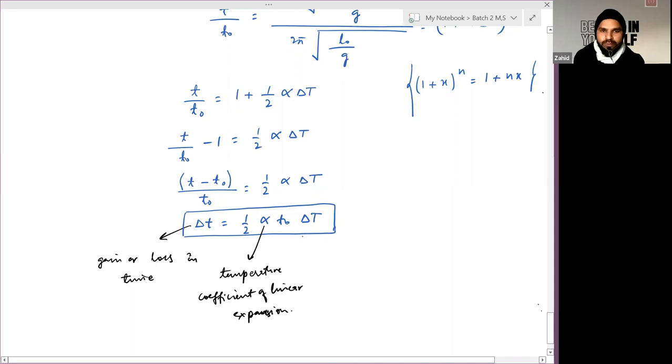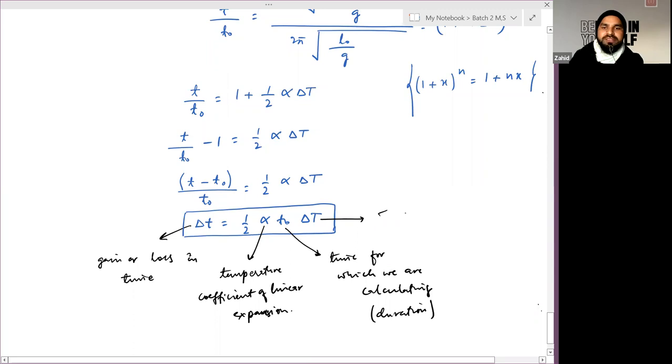It simply defines at what rate length of a particular object will change on changing temperature of surrounding. T naught is time for which we are calculating. So this will define you duration of time, and delta T is temperature difference.